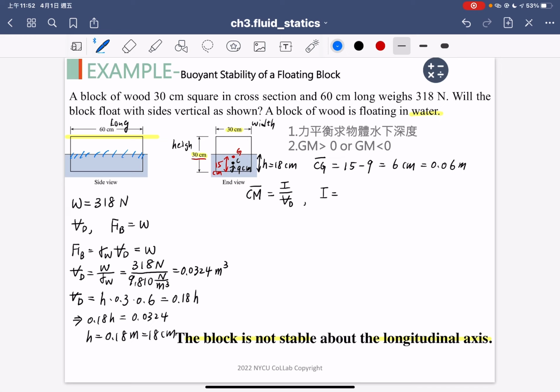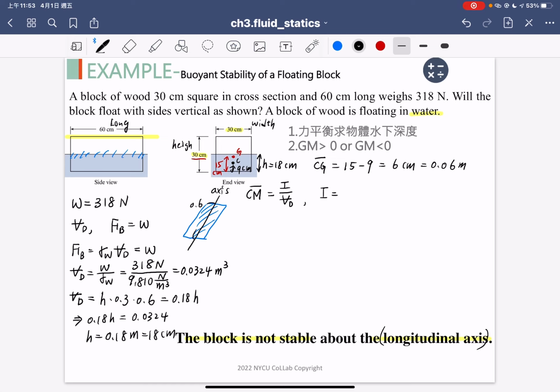So the area should be like this shape. This is our water surface. And along this direction is the longitudinal direction. The length in this direction is 0.6 meters. And this is our rotated axis, because the longitudinal direction is our rotated axis.